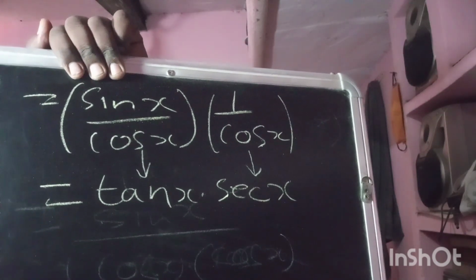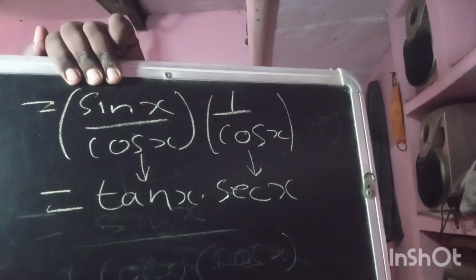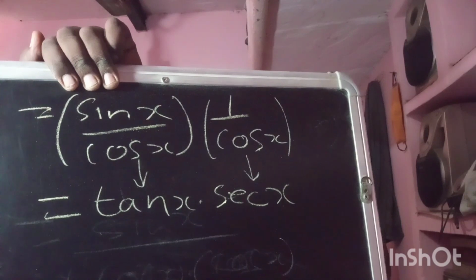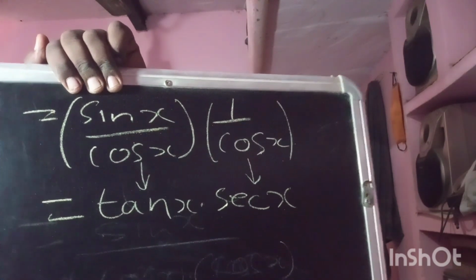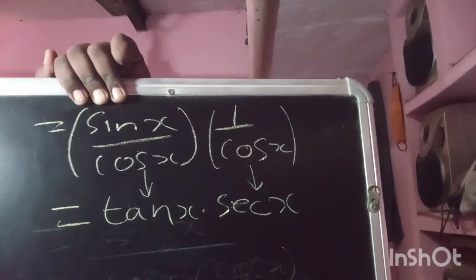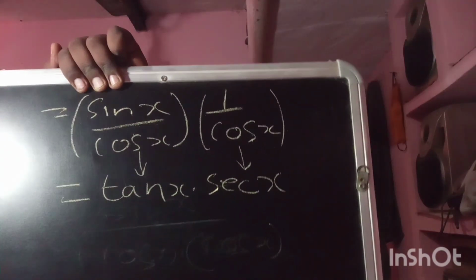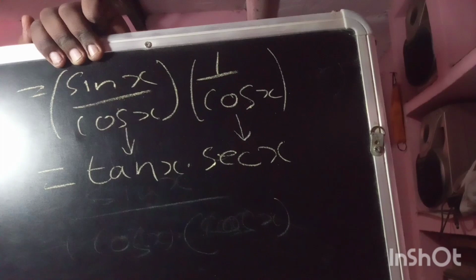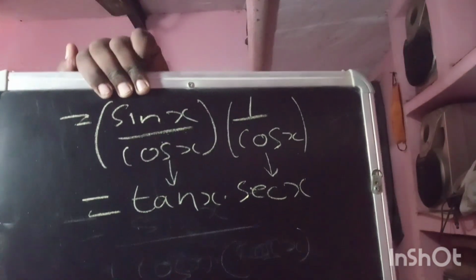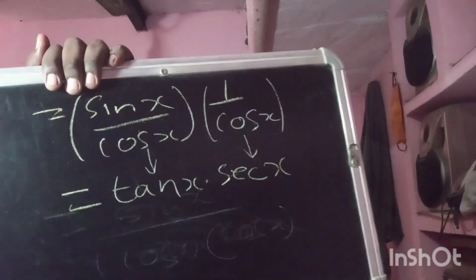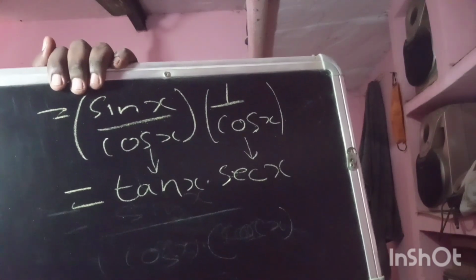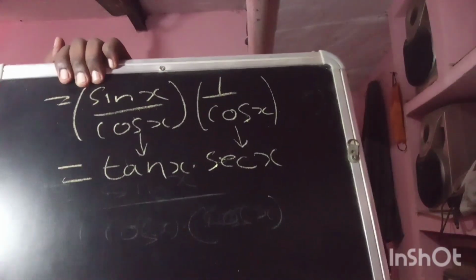So that is the solution. We have proved that d over dx of secant x equals secant x tangent x, or tangent x secant x. That's differentiation. They have written it down.